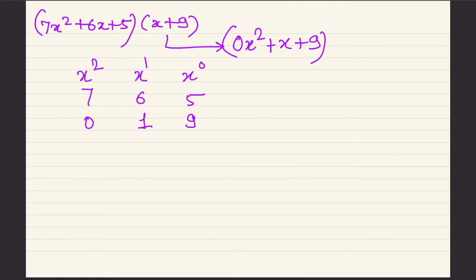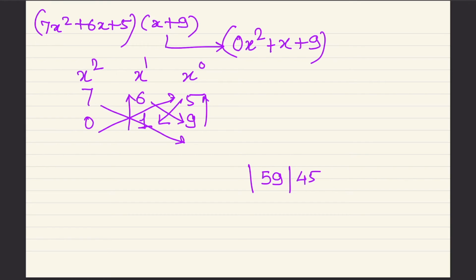I will write first vertical as 45, 6 into 9, 5 into 1. On solving, we'll get 59. Similarly, 7 into 9, 5 into 0, 6 into 1. On solving, we'll get 69. 7 into 1, 6 into 0, we'll get 7.